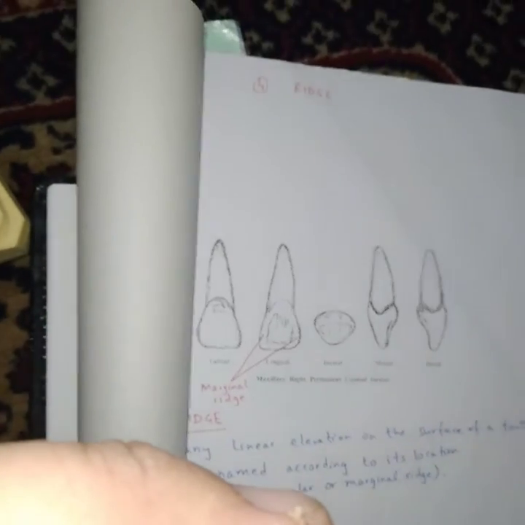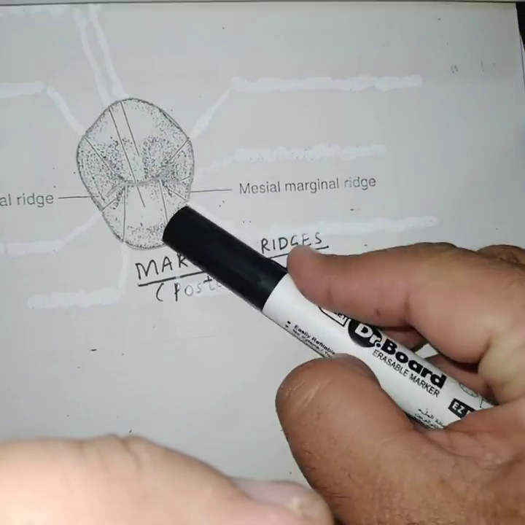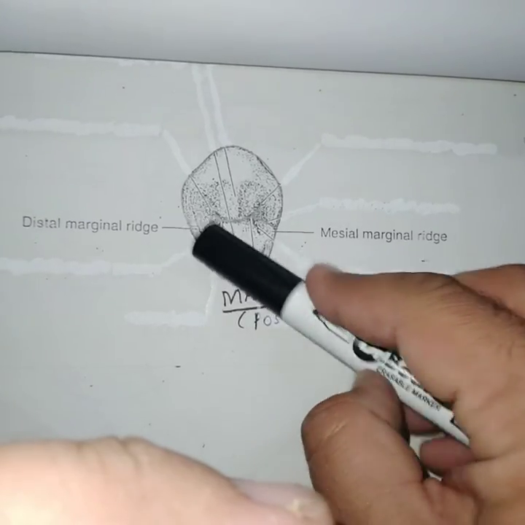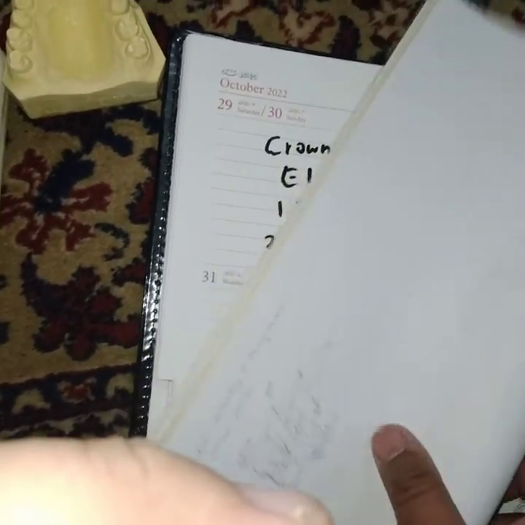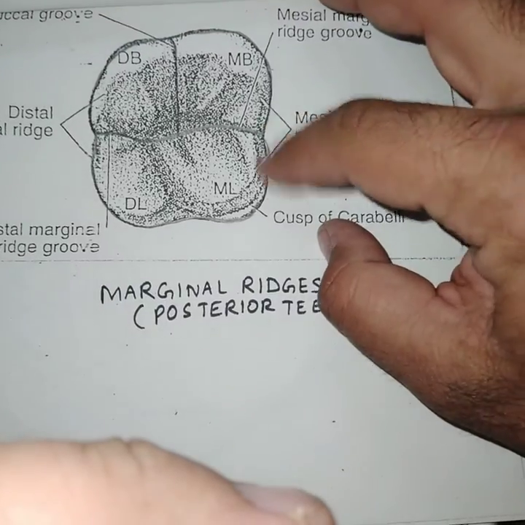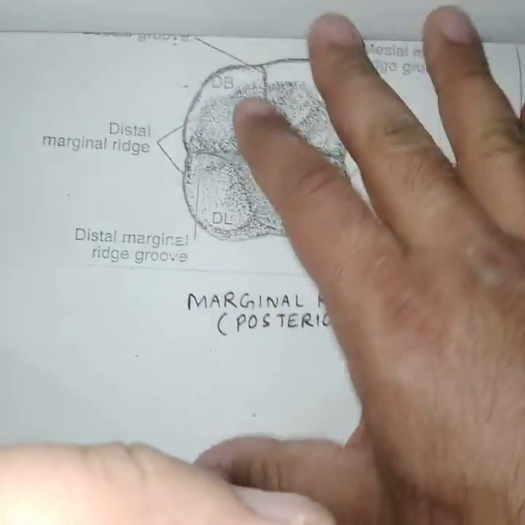Then there is, this is mesial marginal ridge. This is distal marginal ridge. This is mesial marginal ridge. This is distal marginal ridge.